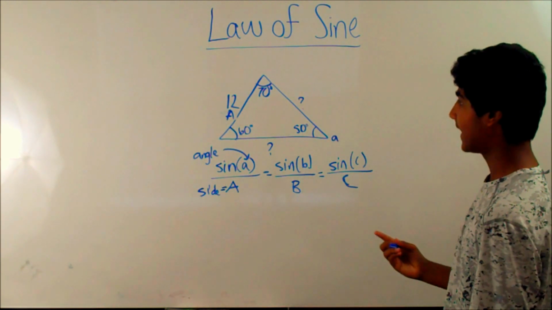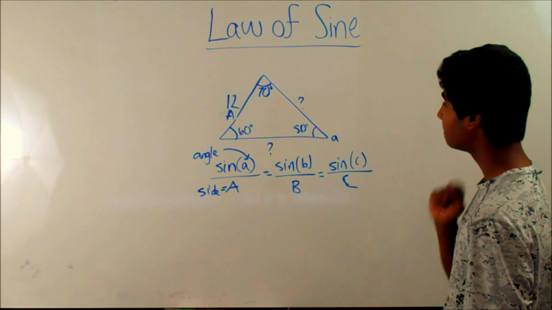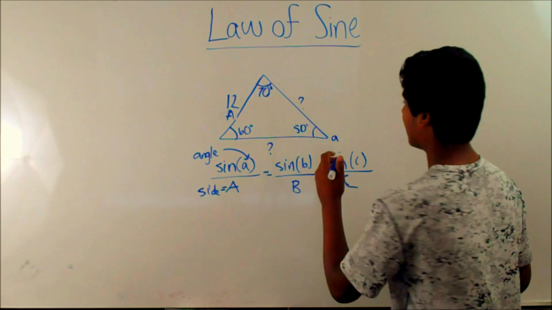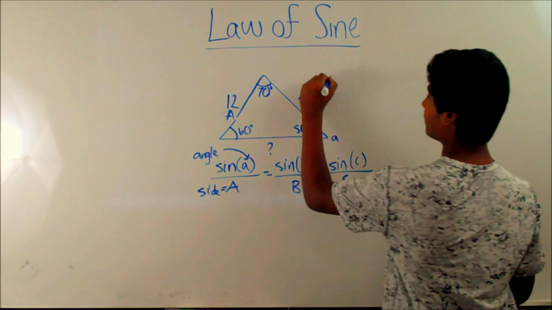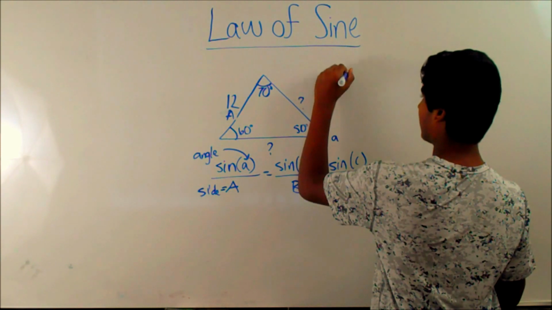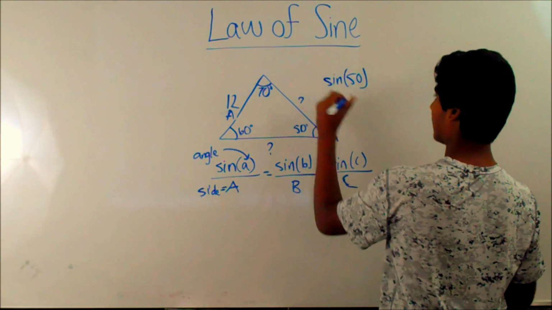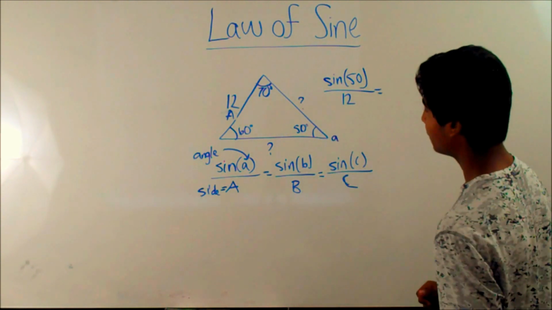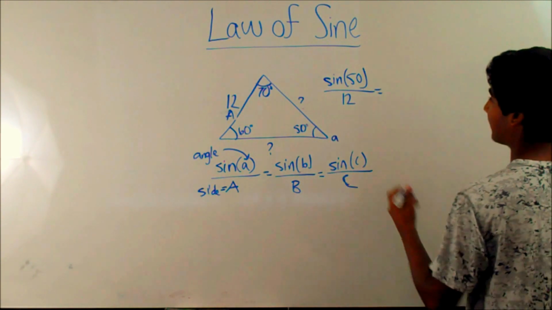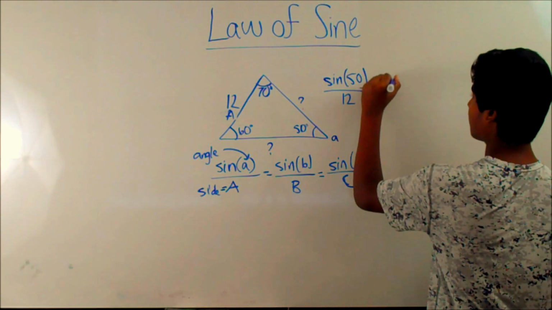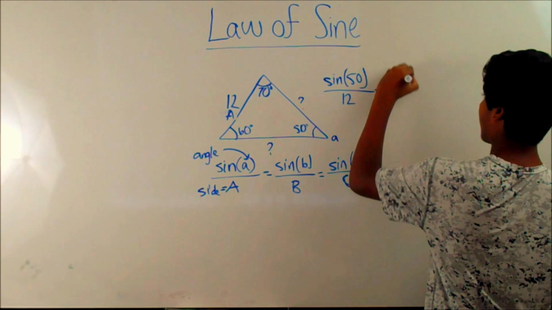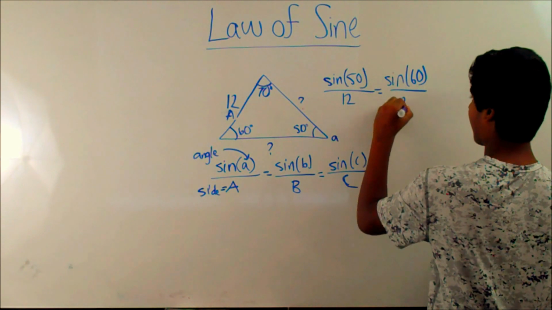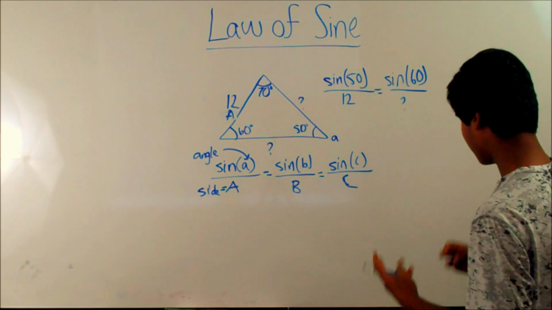So with that being said, let's figure out the rest of it. So we have sine of 50 over 12 is equal to sine of 60 over question mark. Now, what do we do here?